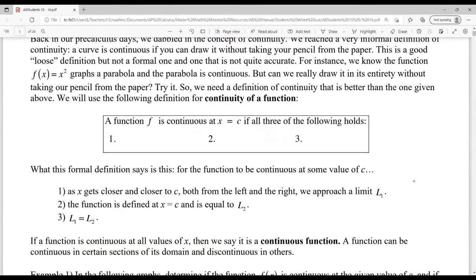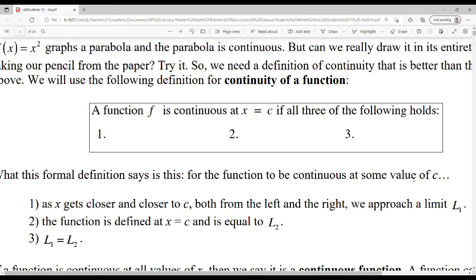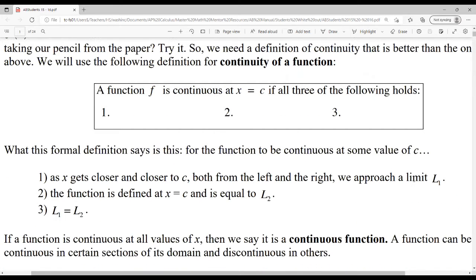So we need a more formal definition, and that's where calculus comes in. And this idea of limits is going to help us talk more about continuity of a function. So a function f is continuous at some point c. All three of these have to be true, not just one of them, but all three. The limit as x approaches c of f of x has to exist.